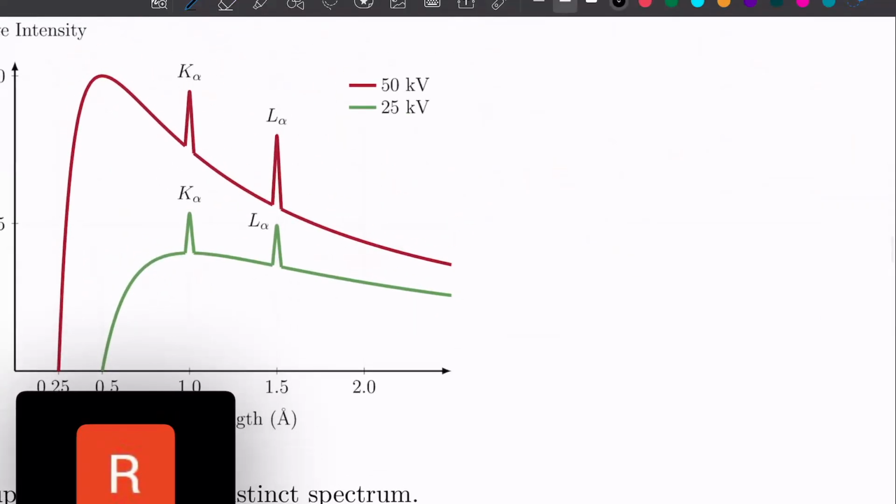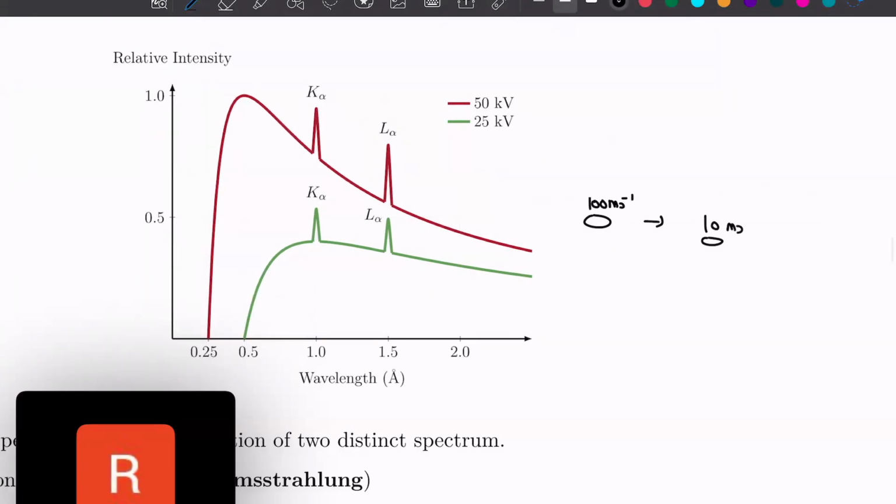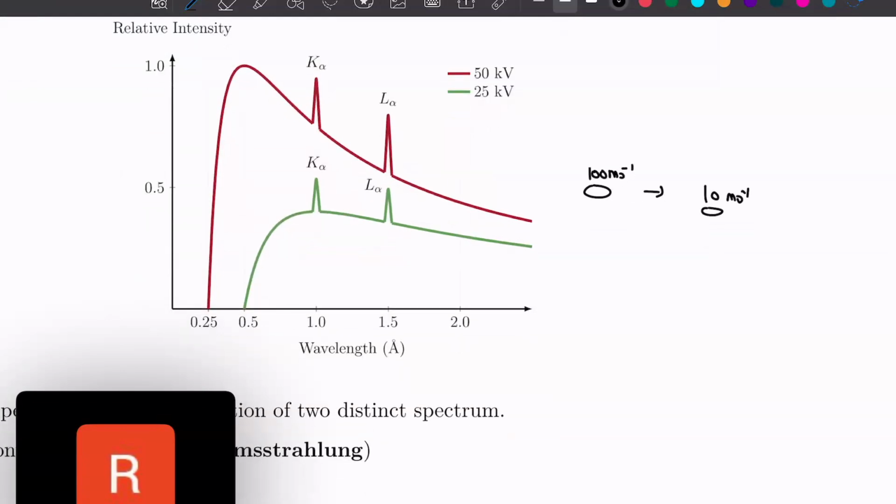When the electrons decelerate, let's say it was at 100 meters per second, and then it decelerates and becomes 10 meters per second. When it decelerates, this energy loss is basically given out as photons.